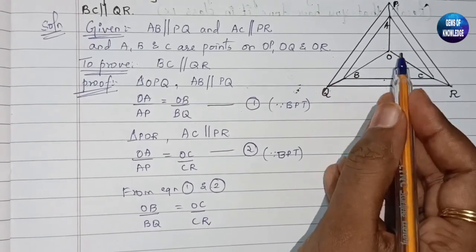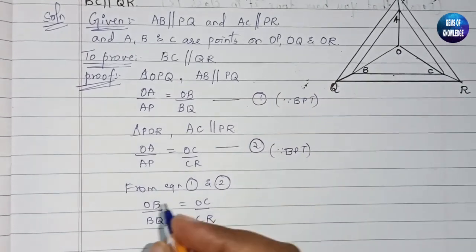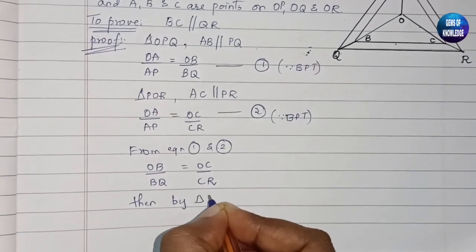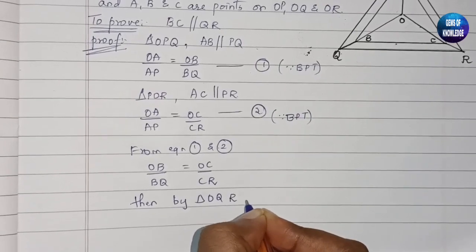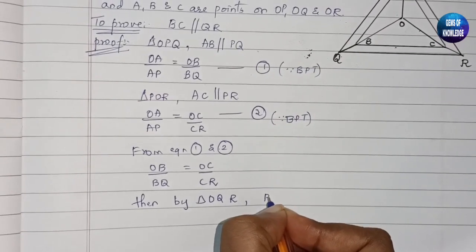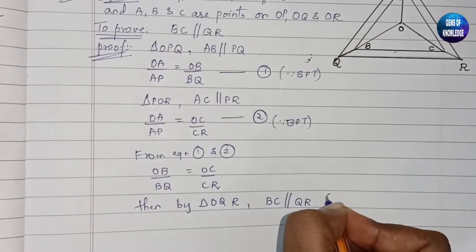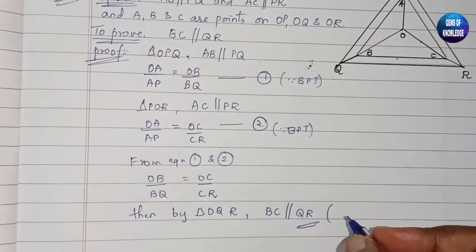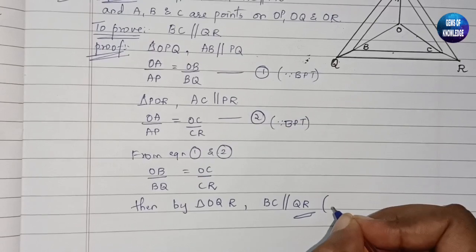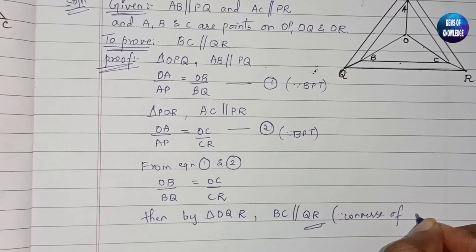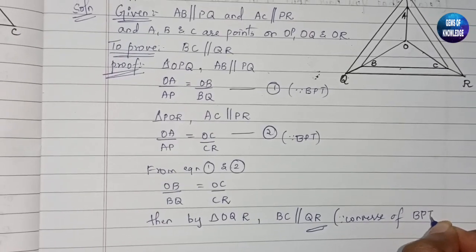If OB by BQ is equal to OC by CR, then in triangle OQR you can conclude that BC is parallel to QR. This is by the second theorem, that is the converse of BPT.